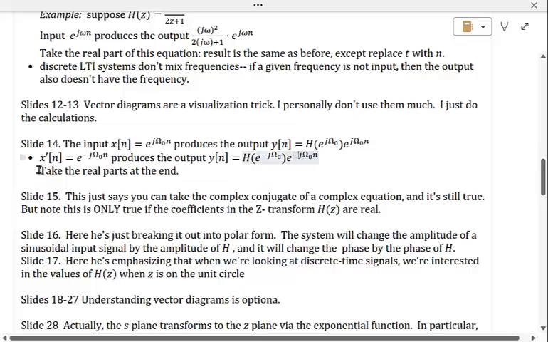Now, since we're interested in real signals, this is what I mentioned before, that to get a real signal, you would take x of n plus x prime of n, because then that will give you the real part of x.